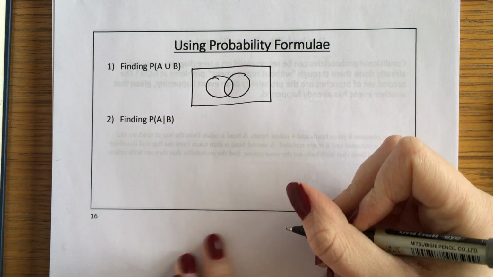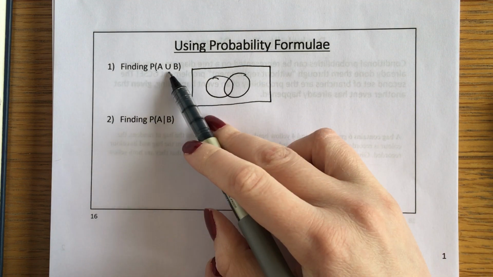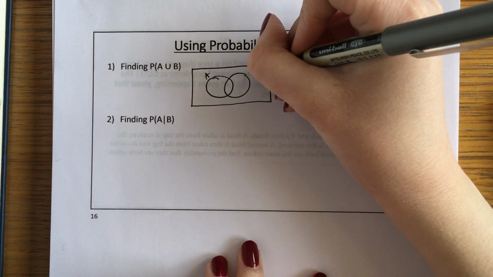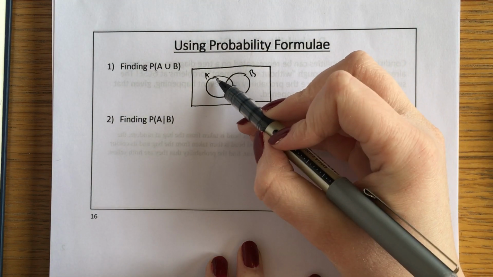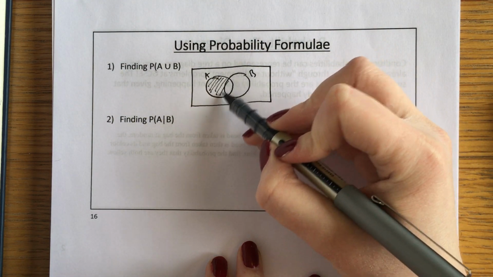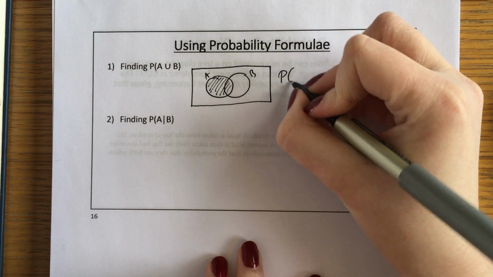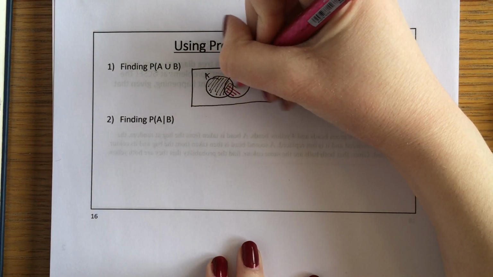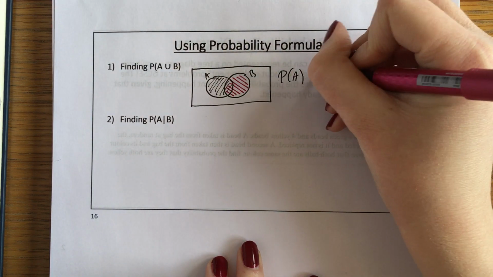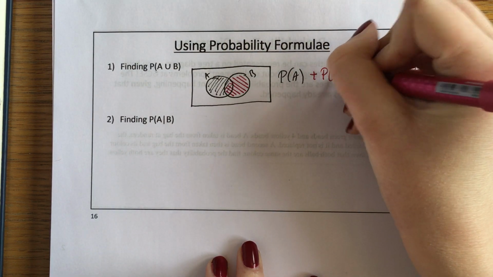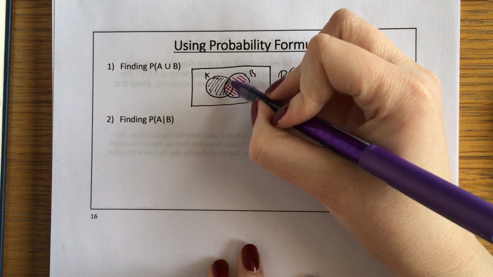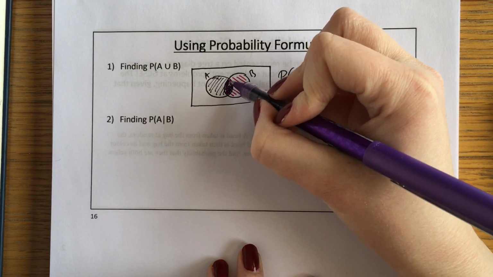Well, I know that the probability of A union B is all of these bits in the semicircle. So I know that this is the probability of A, and I know that this bit is the probability of B. Now when I add them together, I add this bit in twice.